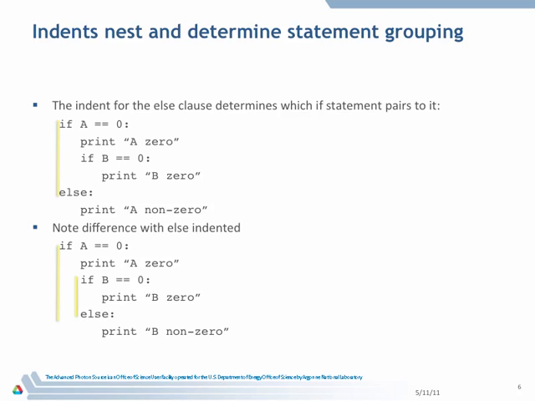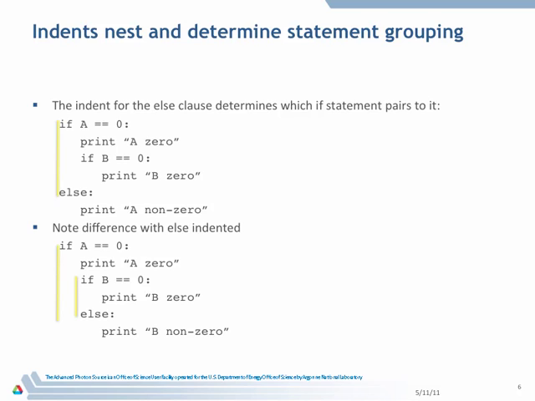Okay, so this is sort of logical, but I want to make sure you understand it. The indentation dictates grouping. Here I have an if statement and I have an else statement. And inside my if statement, I have another nested if statement. And this else is tied to this if because they have the same indentation level.